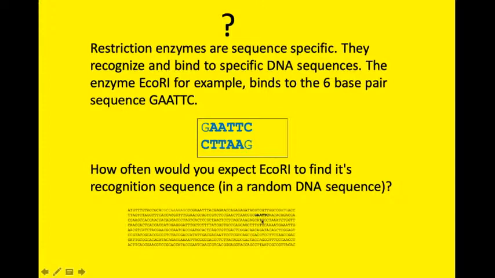So this could be done with the help of software identification. If you have big genomic data and you have to find out where the restriction enzyme EcoRI will be cutting, you can do it with the help of bioinformatics software.